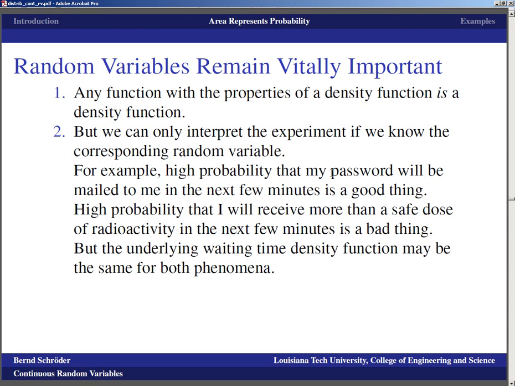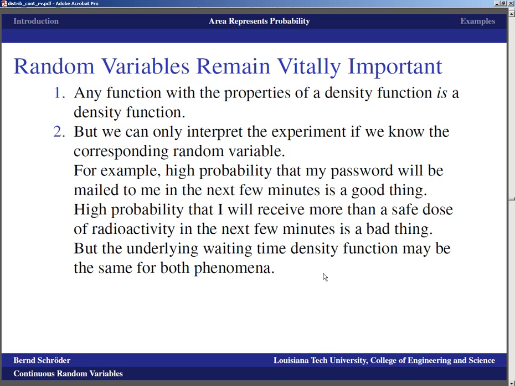Of course, high probability that you get a password emailed soon is just basic customer service. Now, if you are currently in a marked zone of a reactor, then you've got basically the same waiting time distribution, but hopefully you also know about that and will move away from the radiation source very quickly, because typically these kinds of zones are restricted.